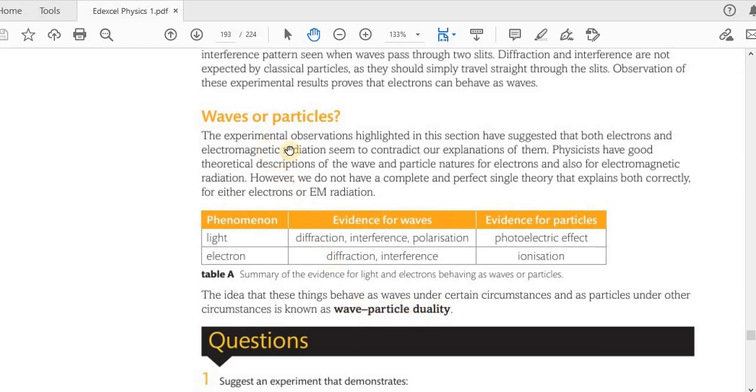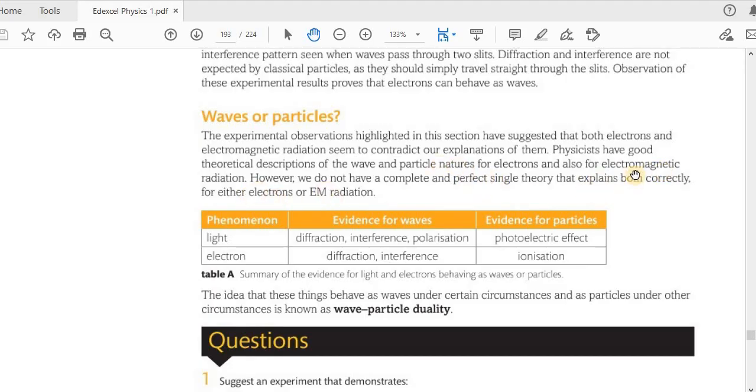Now we will see this. The experimental observations highlighted in this section have suggested that both electrons and electromagnetic radiation seem to contradict our explanations of them. Physicists have good theoretical descriptions of the wave and particle nature for electrons and also for electromagnetic radiation.